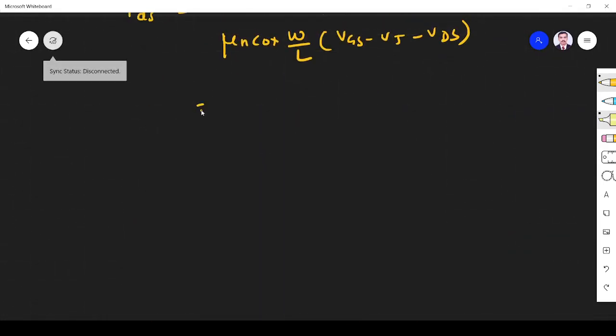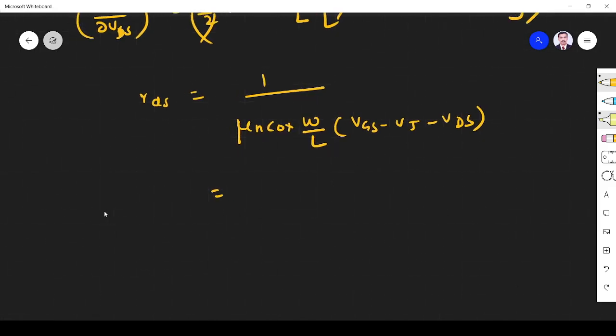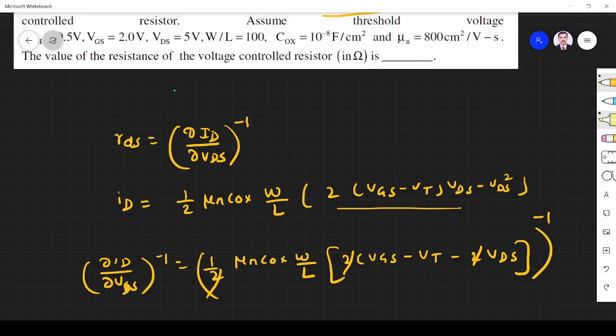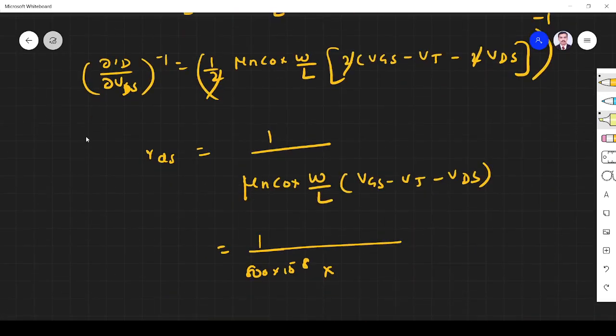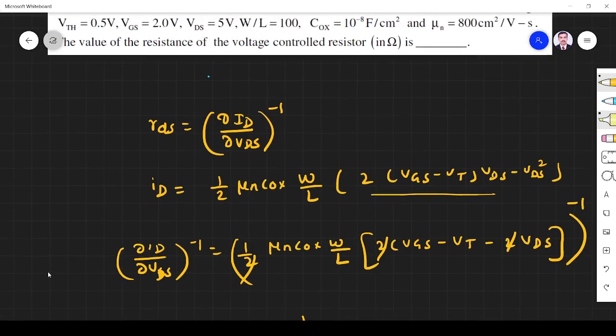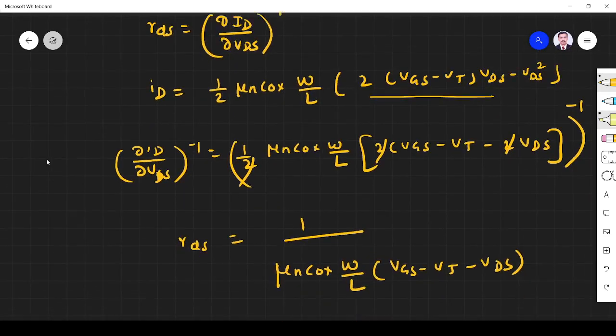So it is 1 by 800 into 10 power minus 8 times W by L, which is 100, times (VGS minus VT).